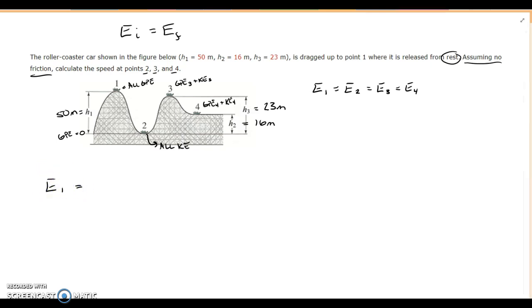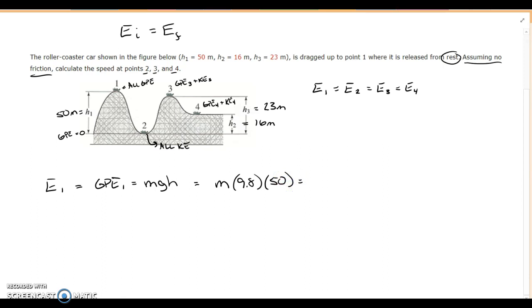At 1, we're at rest, so we have no kinetic energy. It's all GPE. And our equation is the mass times gravity times height. And at this point, for point 1, this is going to be the mass of the roller coaster times 9.8 times the height of 1, which is going to be 50 meters.